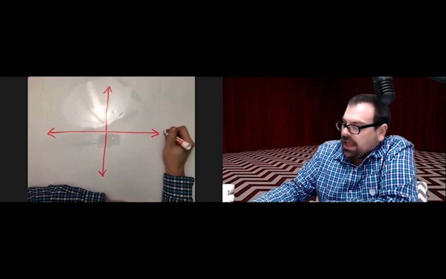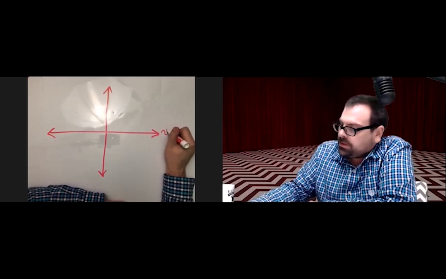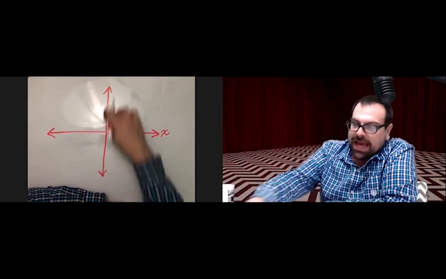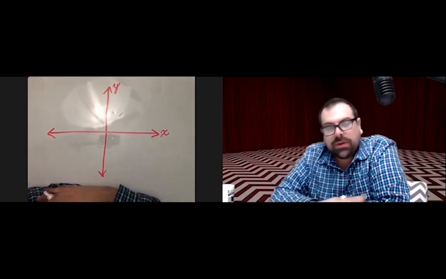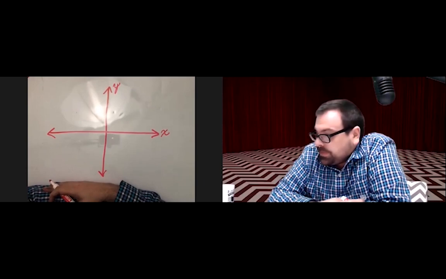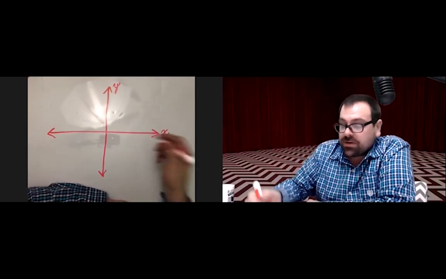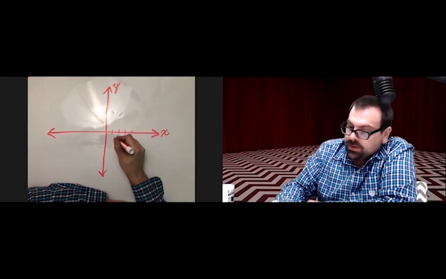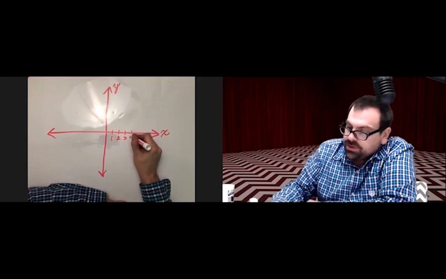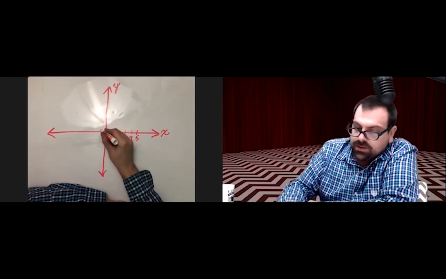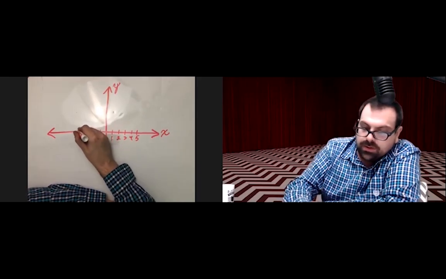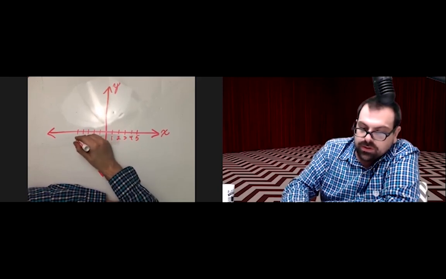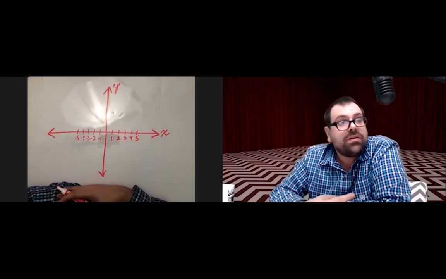This horizontal axis is the x-axis. This vertical axis is the y-axis. The x-axis is just your standard number line. 0 in the middle, positive numbers to the right, negative numbers to the left.